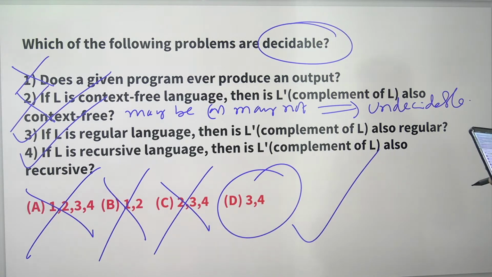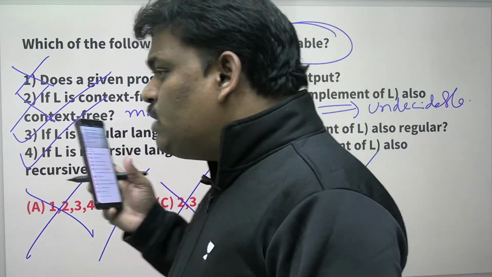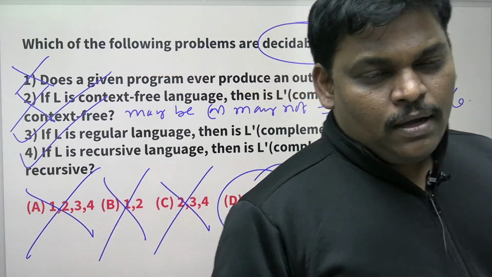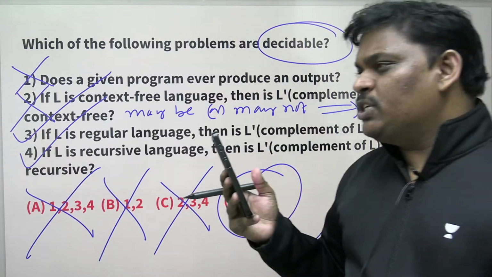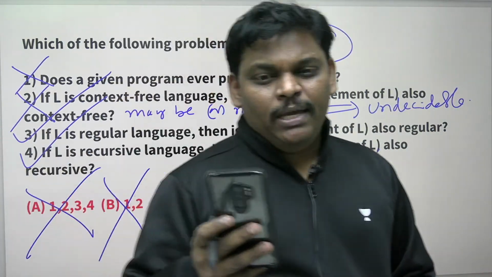Remember, in the place of the program, if they write algorithm, it always stops. An algorithm never goes into an infinite loop. Algorithm is nothing but a halting Turing machine. Program means Turing machine, it may halt, may not halt.